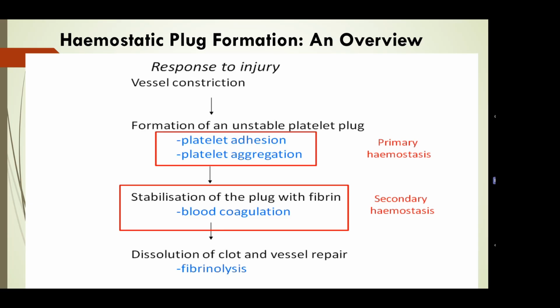In the primary hemostatic mechanism, we have platelet adhesion and platelet aggregation, before we go down to the secondary hemostatic mechanism, where the plug that was formed in the primary hemostatic mechanism will be stabilized during this secondary phase of coagulation. After that, there will be fibrinolysis to dissolve the plug. The fibrin that is formed should be dissolved to return and maintain vessel patency.